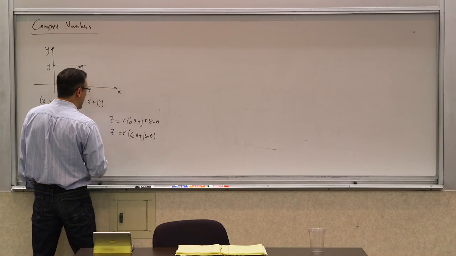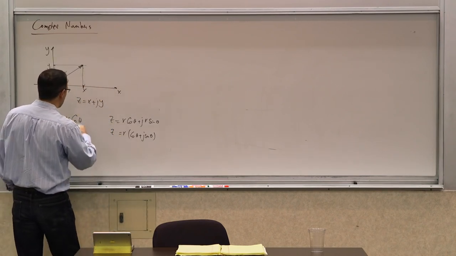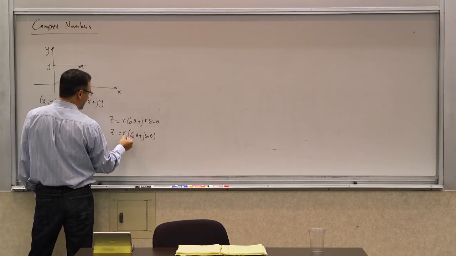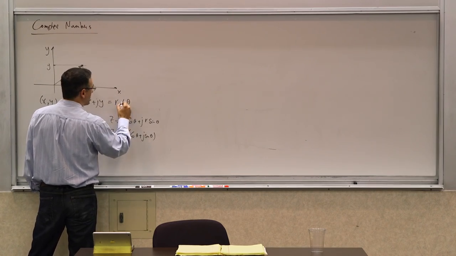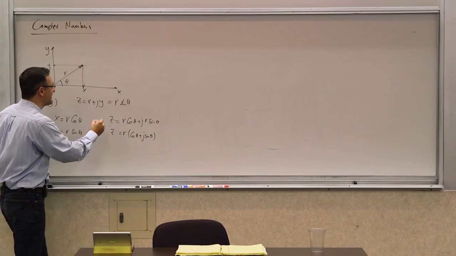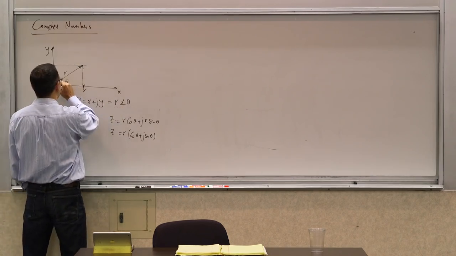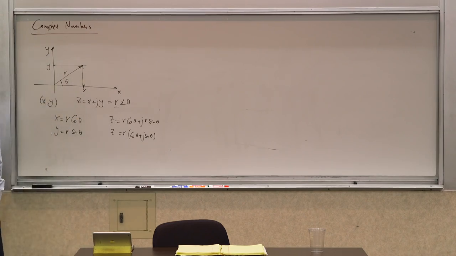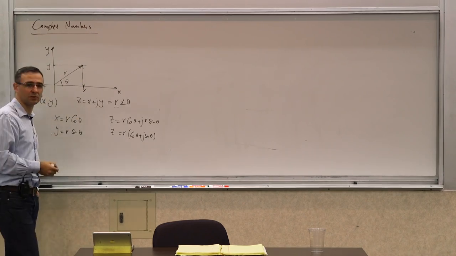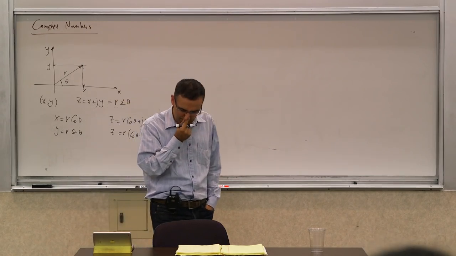Okay? Now, there's another way to represent this. You can say it's r angle theta. Sometimes you put the angle there, sometimes not. This is a symbol for saying it's the vector with magnitude r and angle theta. That's a symbol, and we'll use this symbol from time to time.